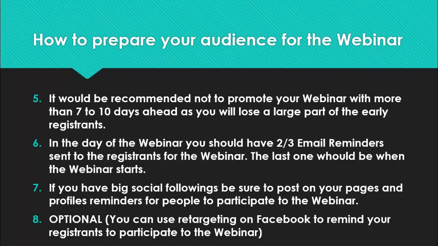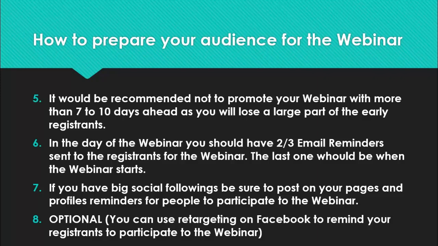But an example of how you can do that is that, with 2 days before the actual webinar, you can start promoting an ad to the people that registered for the webinar, in which you remind them to participate. Hey, tomorrow we have the webinar, don't forget to be there on time, I have a big surprise for you, or something like that.